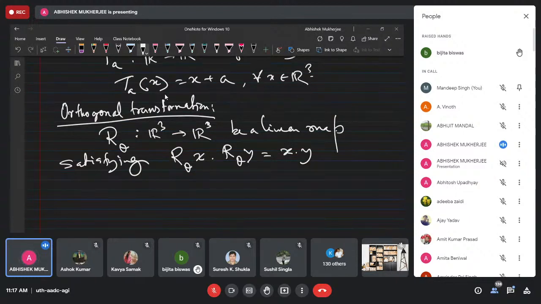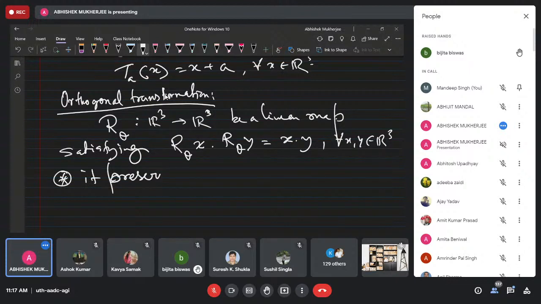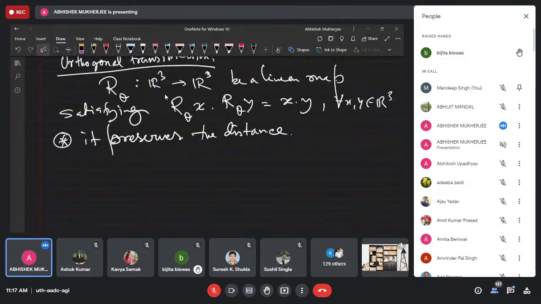Okay, that means this map will preserve the distance, right? This is true for all x, y belonging to R3. So it preserves the distance. Okay. And with the help of these two maps, that is a translation by a vector and the orthogonal transformation, we can define a rigid motion.